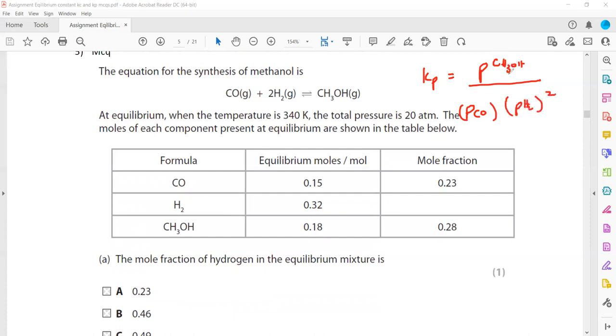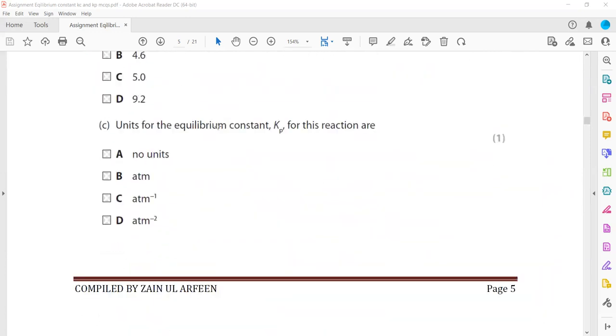The unit of pressure is atm. This will be atm, this will be atm, and this will be atm squared. This will cancel, so 1 over atm squared. When we move it to the numerator, it will be atm raised to power minus 2. So the option which has atm raised to power minus 2 is the right one. So option D is the right one.